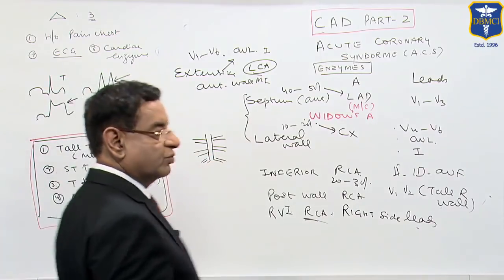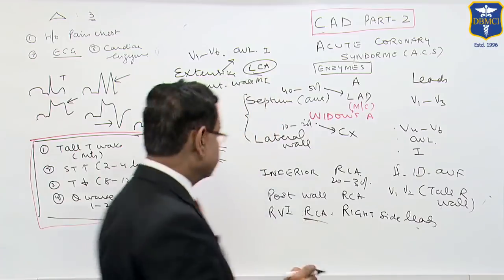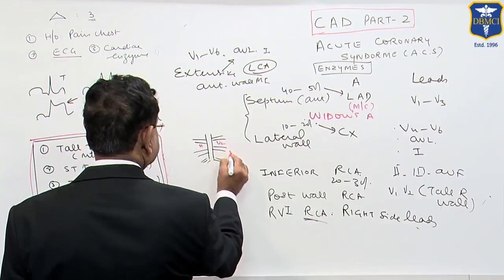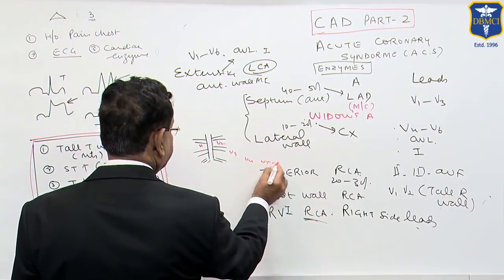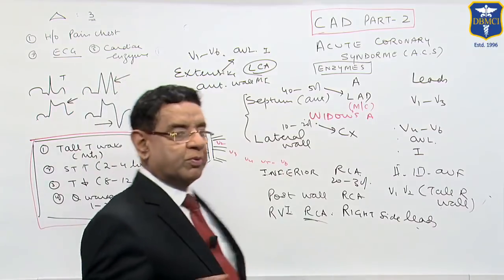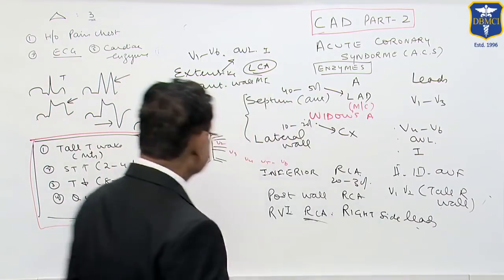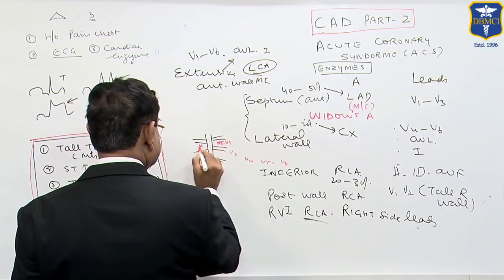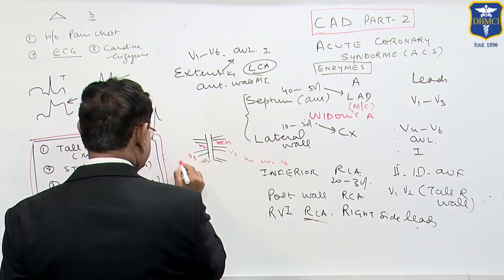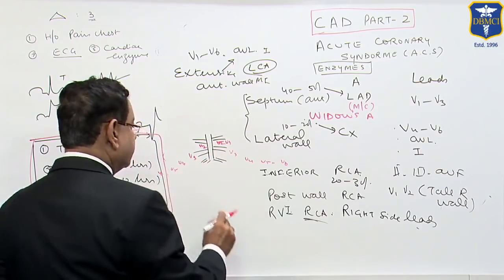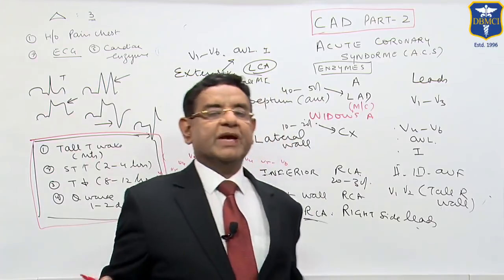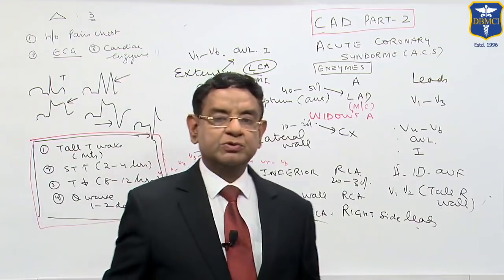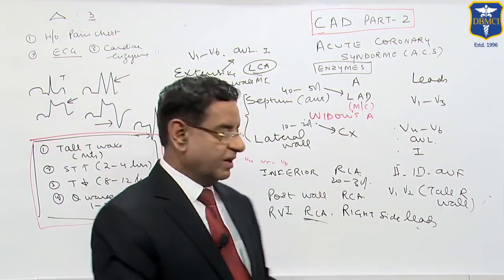When we do the usual ECG, this is V1, V2, V3, V4, V5, V6. But when we talk about right sided leads, this is V1, this becomes V2, V3, V4, V5, V6. That means the same type of leads we are keeping, but the sequence is reversed. And right sided leads are used to look for right ventricular infarction.